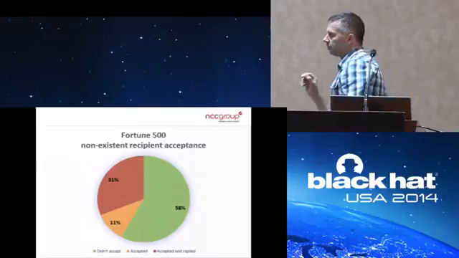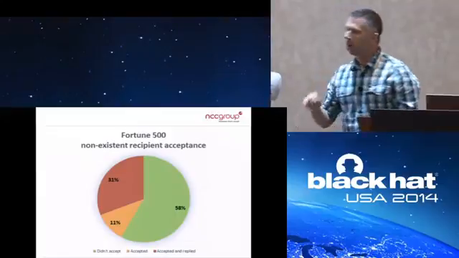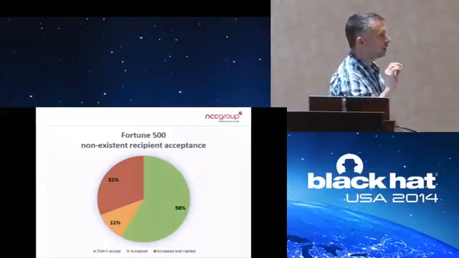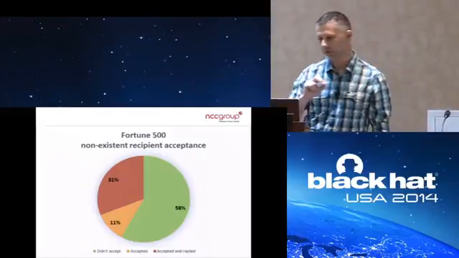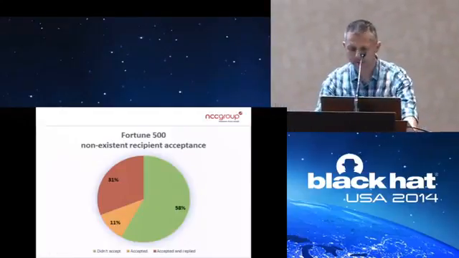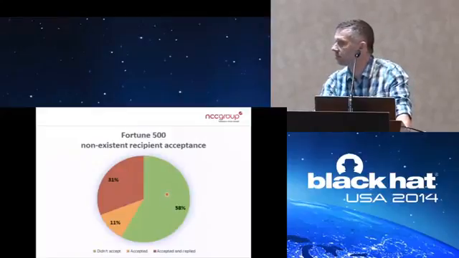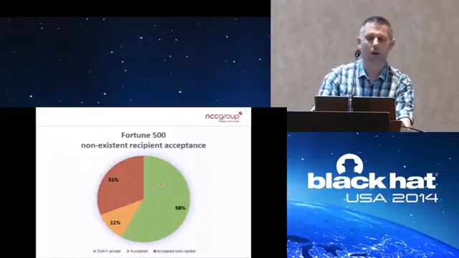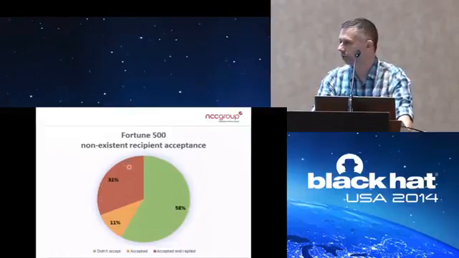So when looking at the Fortune 500, as I said, I sent some test messages to the Fortune 500. This is a pie chart showing the acceptance to non-existing recipients. And 58% of the Fortune 500 don't accept messages to non-existent recipients, which is good. 31% accept and respond to non-existent recipients.